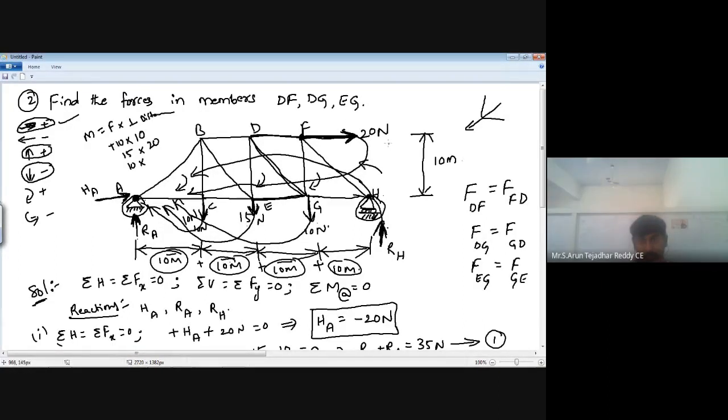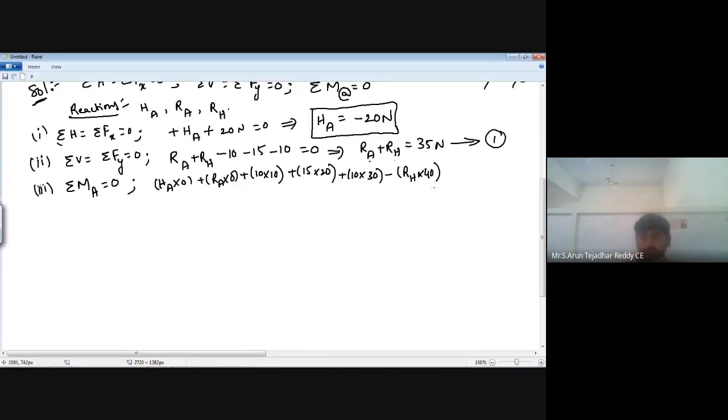This is clockwise direction, and the perpendicular distance is here. Your force is horizontal, so the perpendicular distance is vertical. It means 10 meter, plus 20 into 10, is equal to 0.